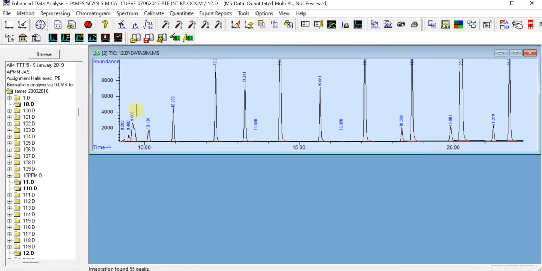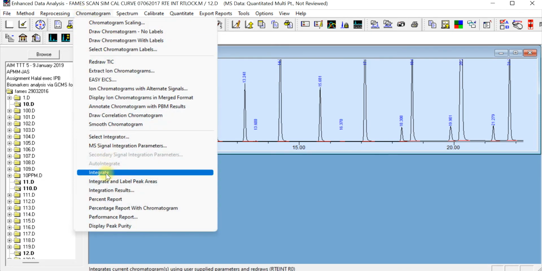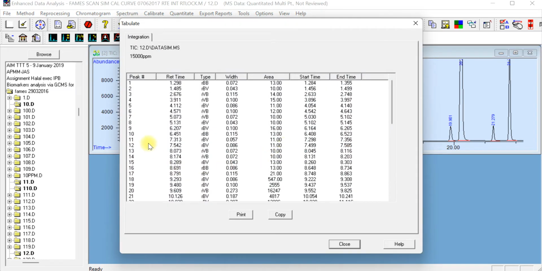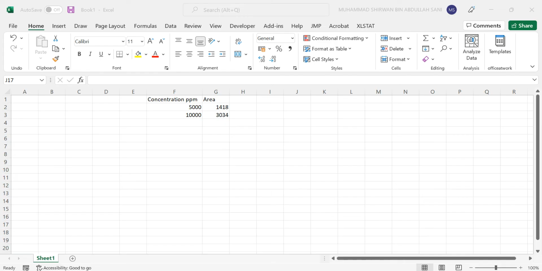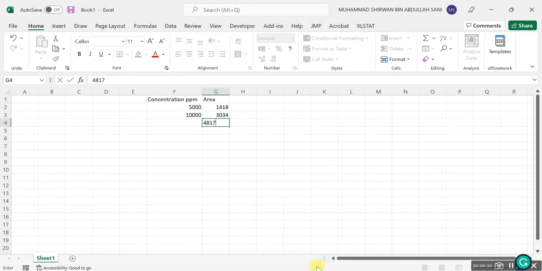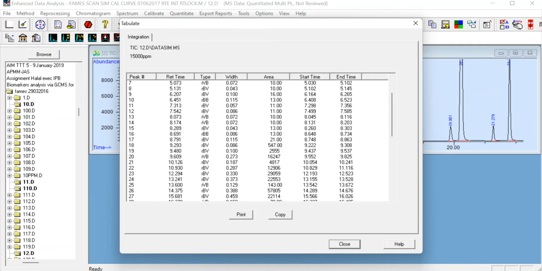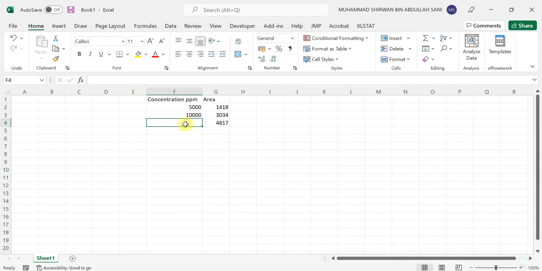At 10.126 this time, go to integration result. 10.126 is 4817. This time the concentration is 15,000. Okay, so you just have to proceed until we get the other compounds. But never mind, let's move.